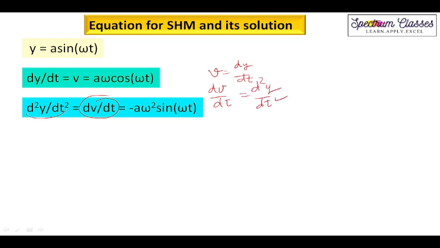So d2y upon dt square is equal to dv upon dt, which means we are just going to differentiate this equation again. So a omega square, and cos omega t will convert into minus sine omega t. This is how we get d2y upon dt square, which is equal to acceleration.